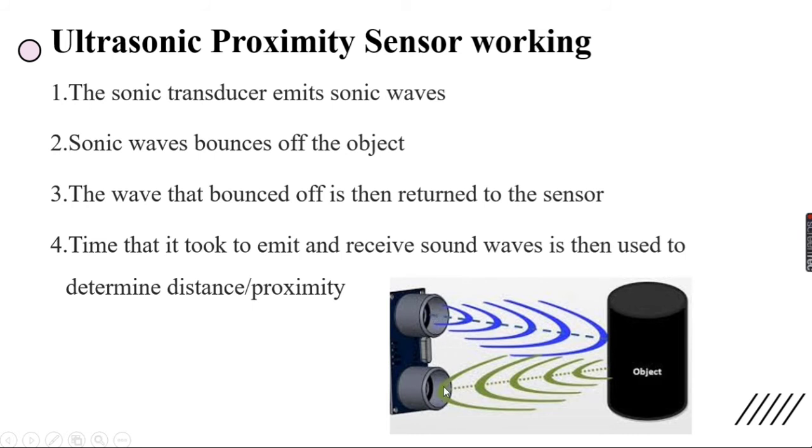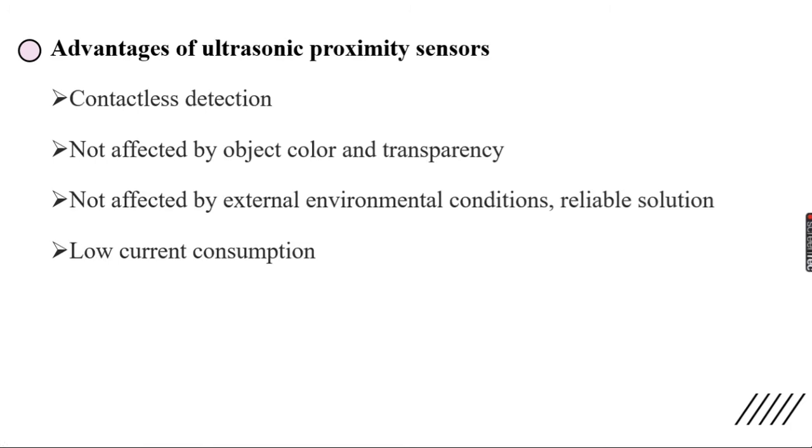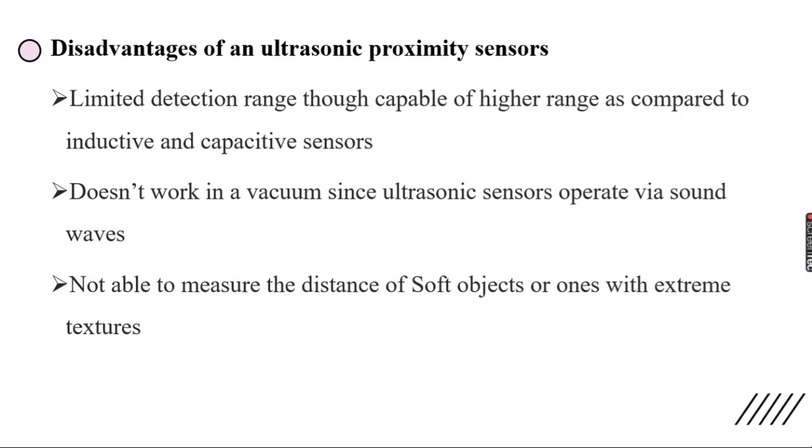Common applications are distance measurement, fluid detection, and robotics. The advantages of the ultrasonic proximity sensor are contactless detection, not affected by object color and transparency, low current consumption, and not affected by environmental conditions. The disadvantage is limited range.